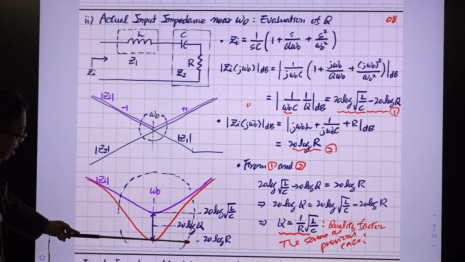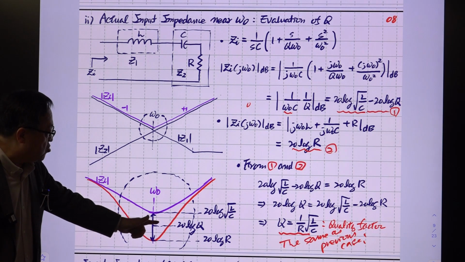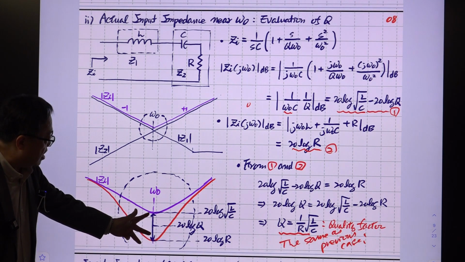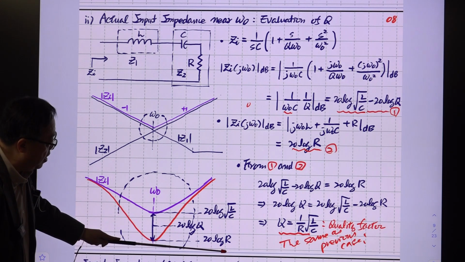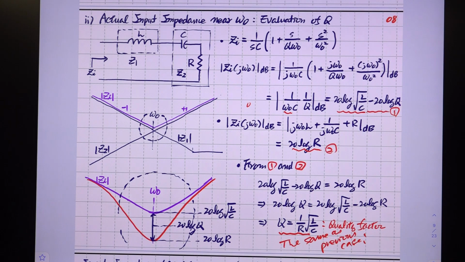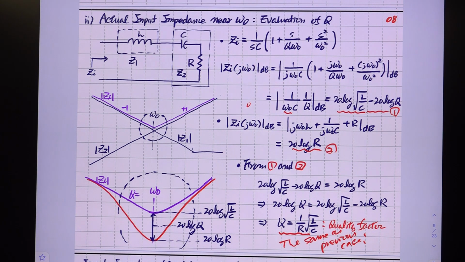Okay, it dips down by 20 log Q, and the distance between this is 20 log R, and this is the distance between this value, and this Q is this one. Okay, so this purple line is Q. This is the case of Q larger than 1, some number.